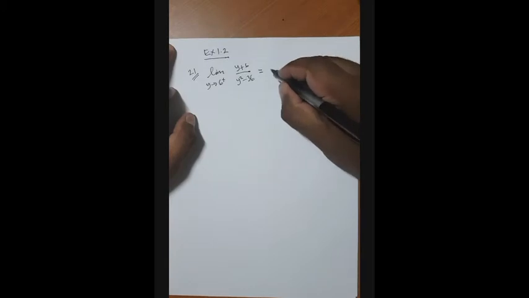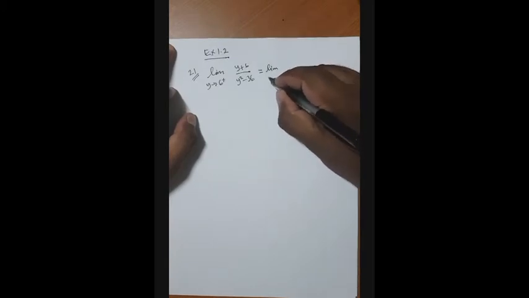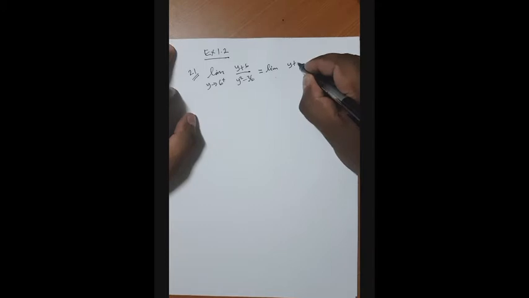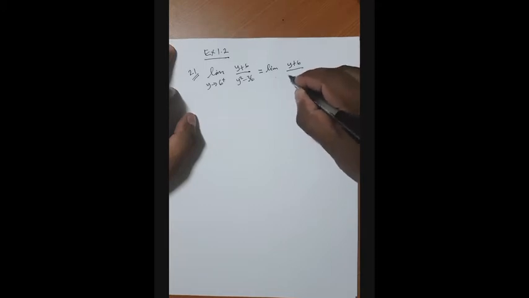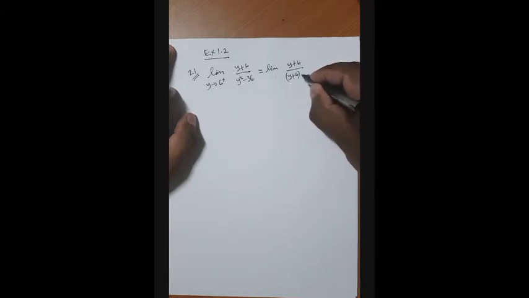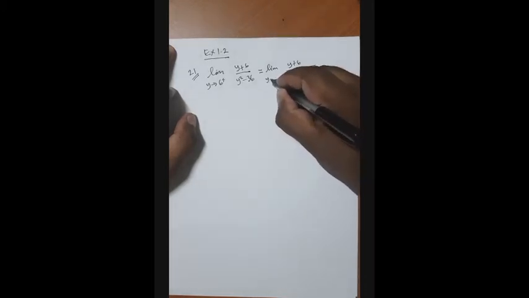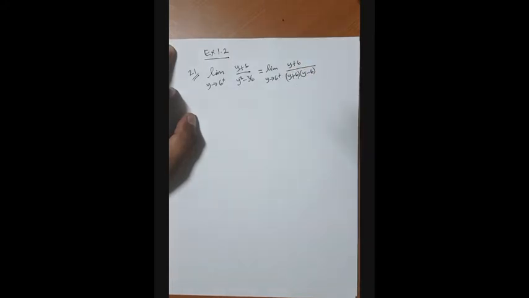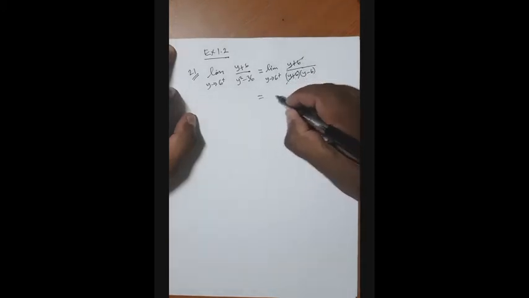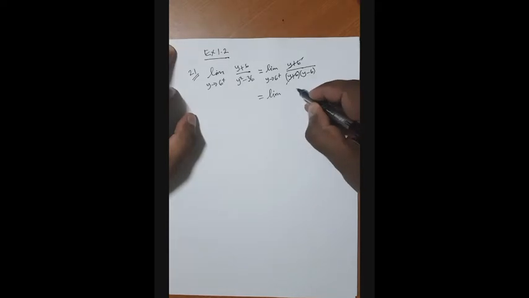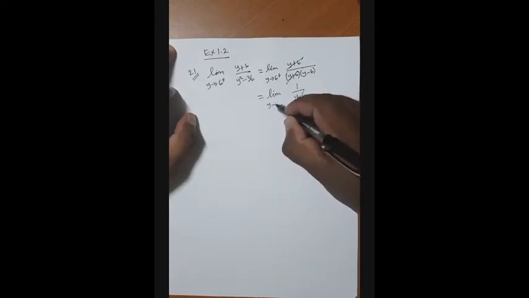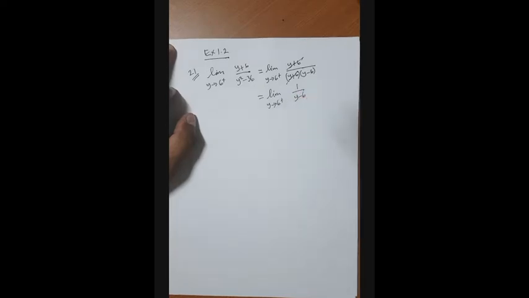That gives us the limit of (y + 6)/((y + 6)(y − 6)) as y approaches 6 from the right. Then we can cancel out y + 6 and y + 6. This leaves us with the limit of 1/(y − 6) as y approaches 6 from the right.